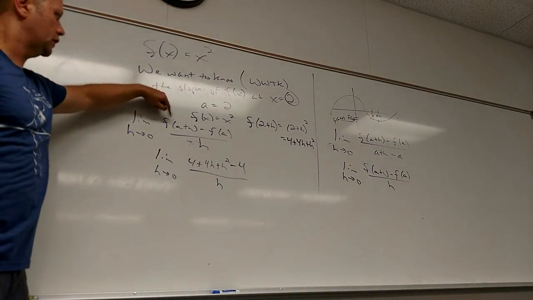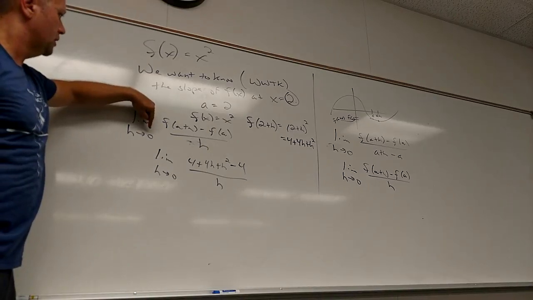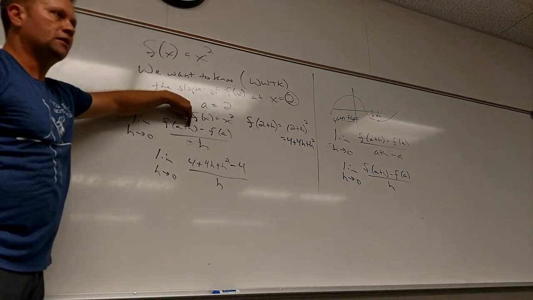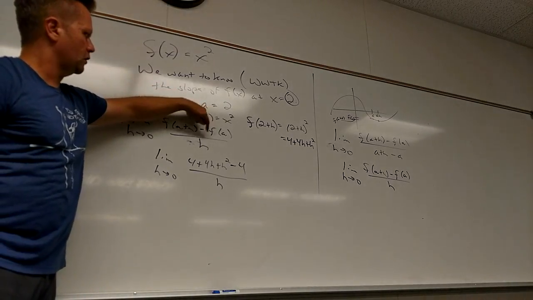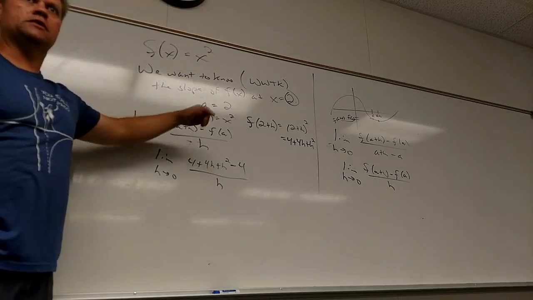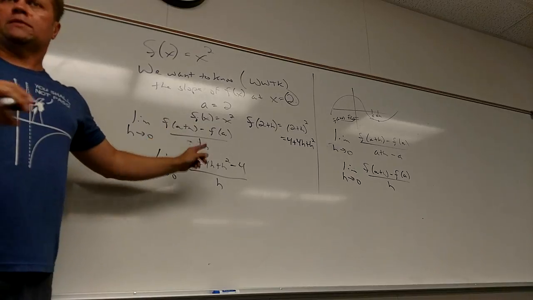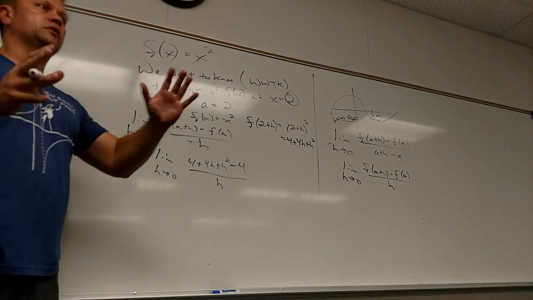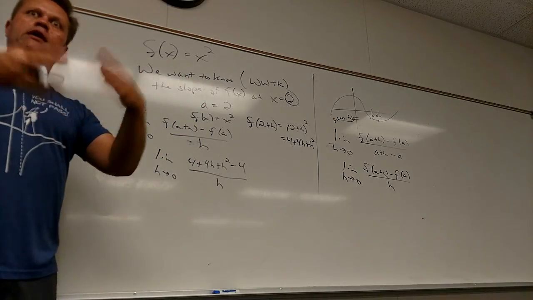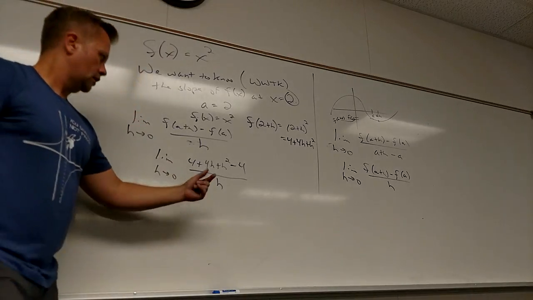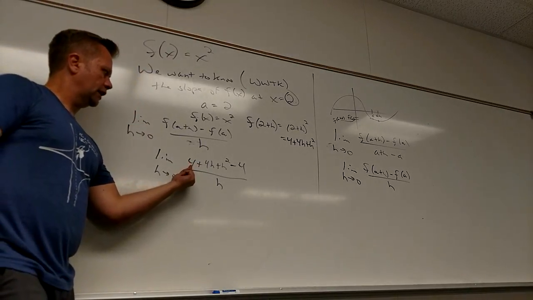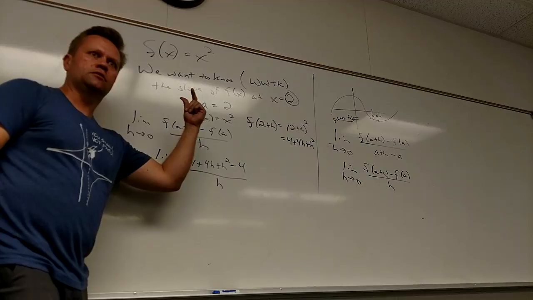Now, in general, do you see the problem with this? If h is 0, f of a minus f of a over 0 is 0 over 0, which is indeterminate, right? What's about to happen is what happens most of the time, unless it's something freaky like sine or natural log. Do you see how anything without an h cancels?